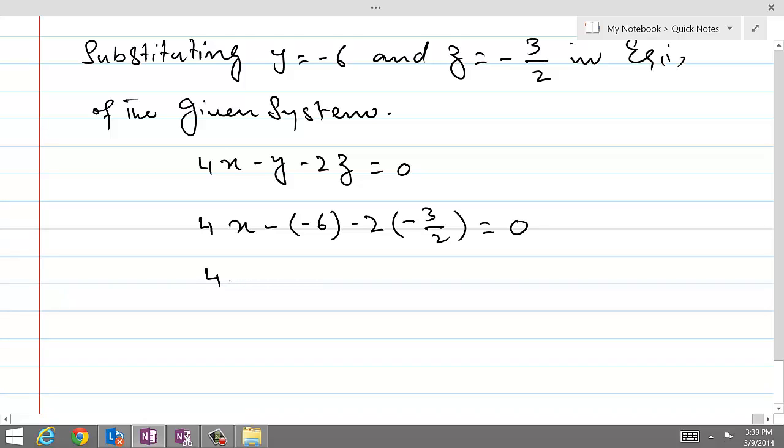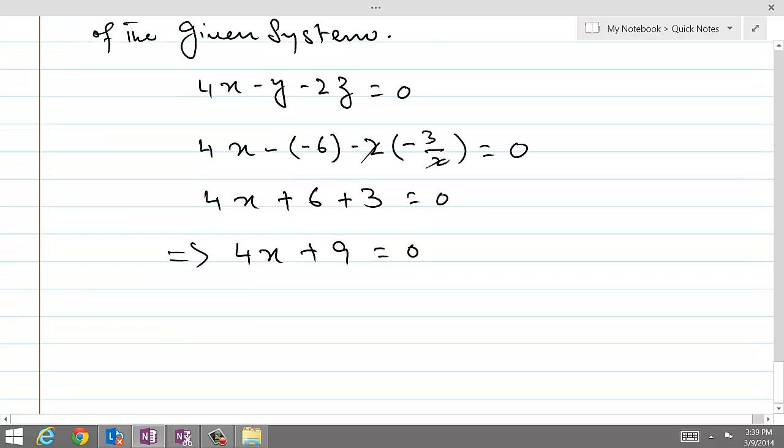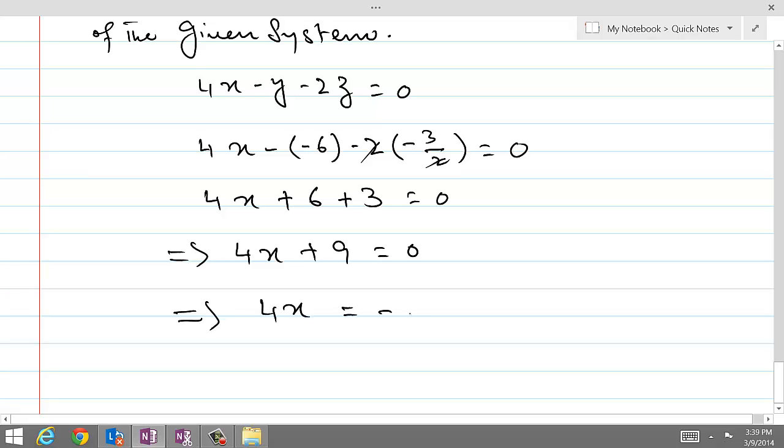So 4x plus 6, and this will become plus 3 because 2 will be cancelled with this 2, equal to 0. So this will give us 4x plus 9 equal to 0, and 4x equal to minus 9 and x equal to minus 9 over 4.